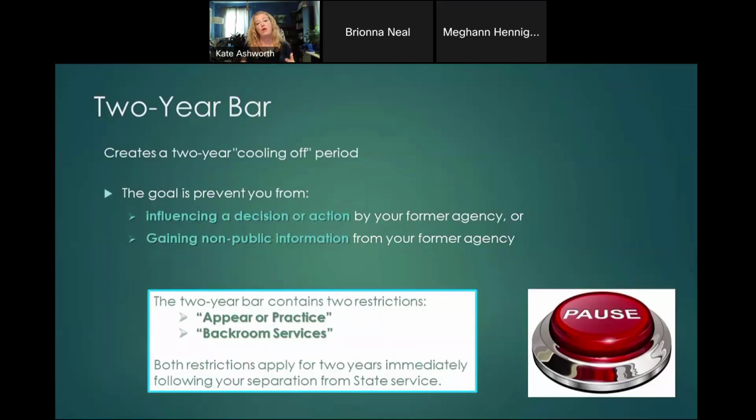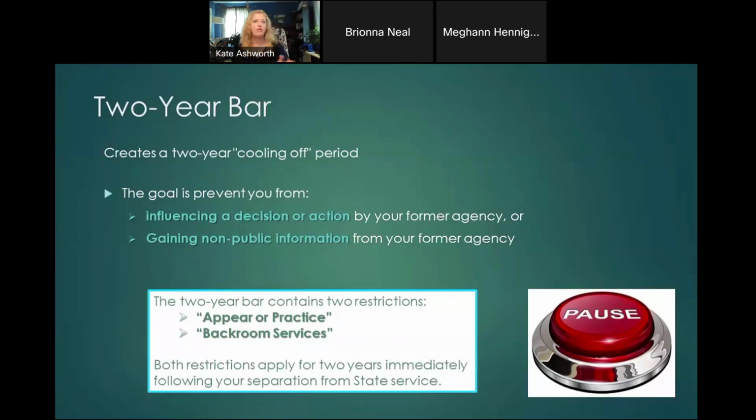So the goal of this 2-year cooling off period is to prevent those employees from trying to influence their former agency in any kind of decision or action, or from going back to the former agency and getting information from their former colleagues that they would not be able to get as just a regular private citizen. All right.